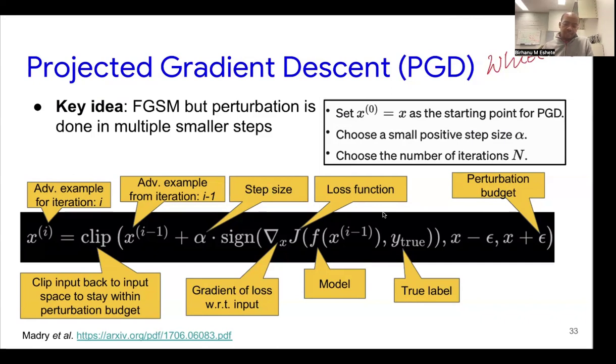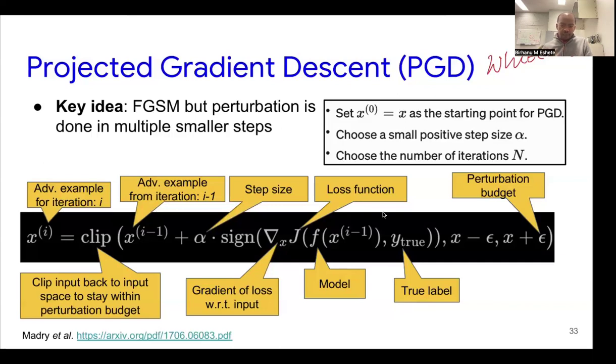I'm not saying everything you generate in projected gradient descent is going to fool the model, but it's going to be much better than the fast gradient sign method, simply because we are incrementally perturbing the input so that we can query the model and see whether we can fool it or not, right? So we can avoid the overshooting that is possible in the case of fast gradient sign method.